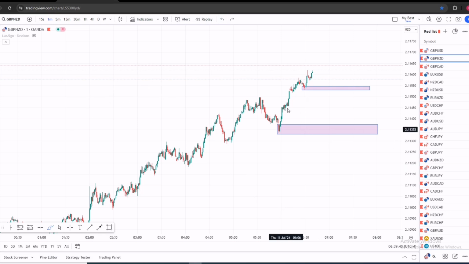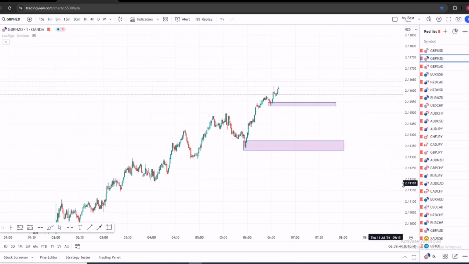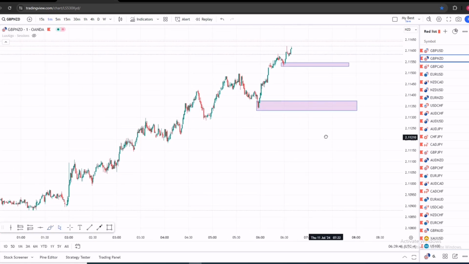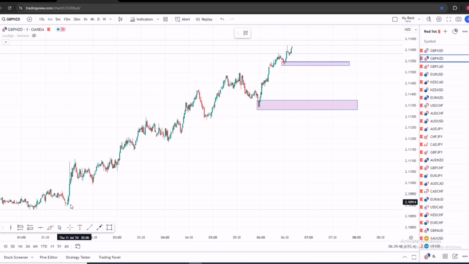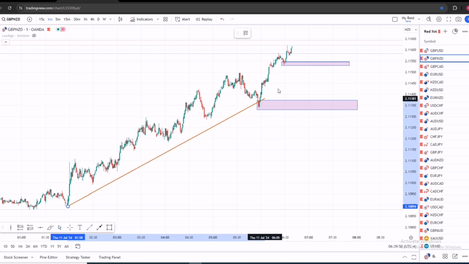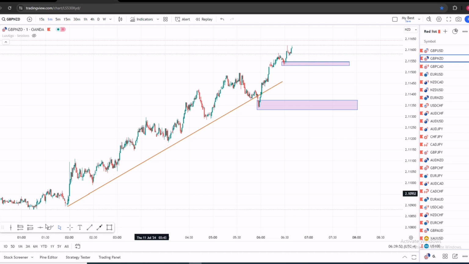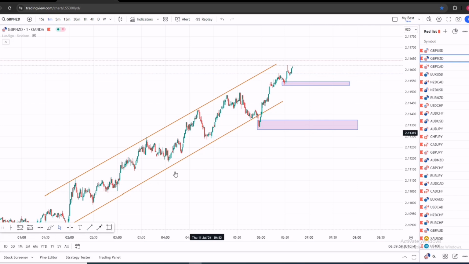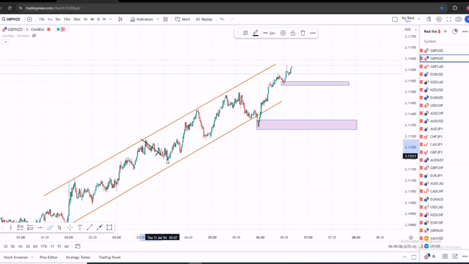So right here, what I have is what I can call a trend within a trend. I have this big upward trend, and within that trend I have these small trends. This was a downtrend, uptrend, downtrend, uptrend, downtrend.